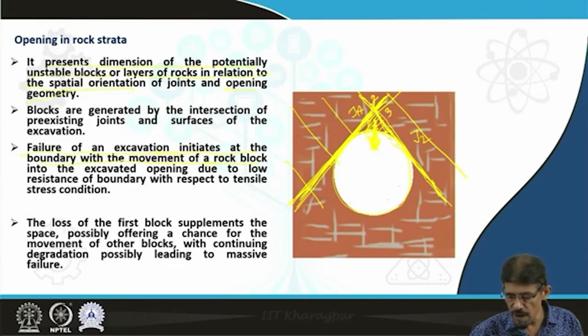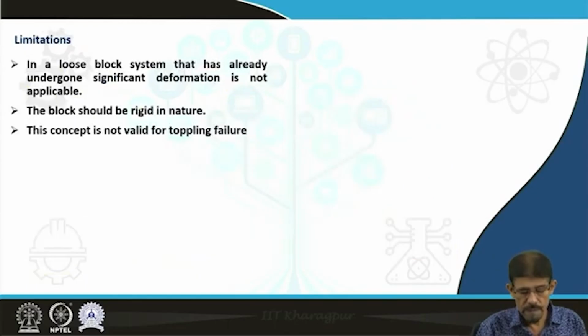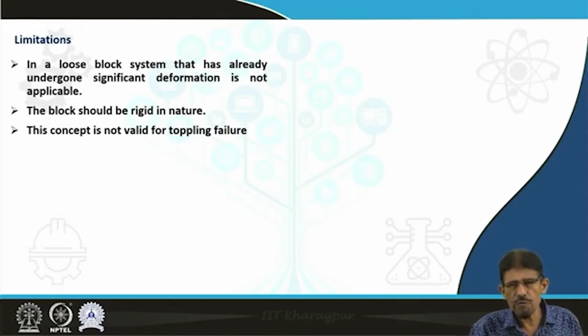These blocks start covering this space and move downwards, and this process leads to degradation, possibly leading to massive failure or ultimately collapse of the created opening. Here are some limitations about the assumptions of the rock blocks.